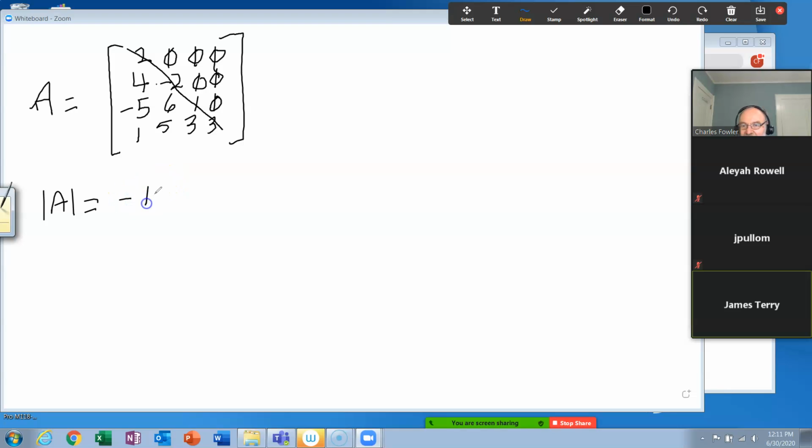Negative 12. You like to work too hard. Okay, you could have done what you suggested, but this is so much easier. If it's a triangular matrix, this happened to be a lower triangular matrix, it doesn't matter which kind it is, the determinant is just the product of those diagonal elements.